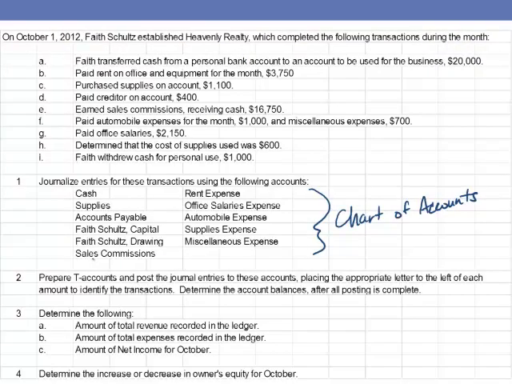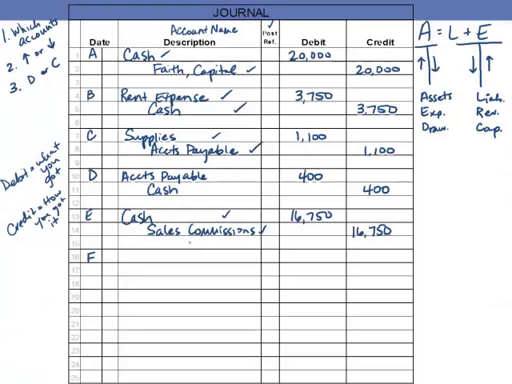The next transaction, paid automobile expenses for the month, $1,000, and miscellaneous expenses of $700. Well, we've got automobile expense account, miscellaneous expense account. So which accounts are affected? We've got automobile, miscellaneous, and cash, because we paid cash. So we've got 3 accounts in this example. Auto expense and miscellaneous expense go up.